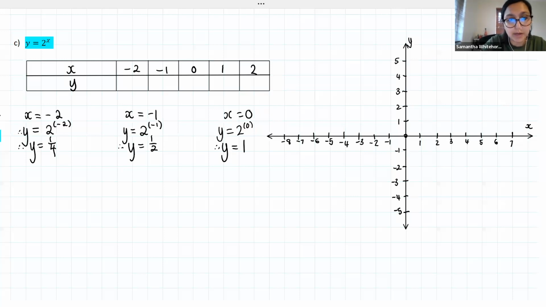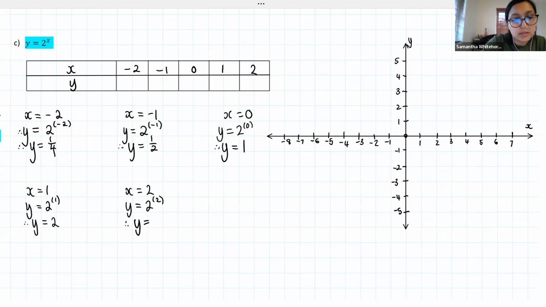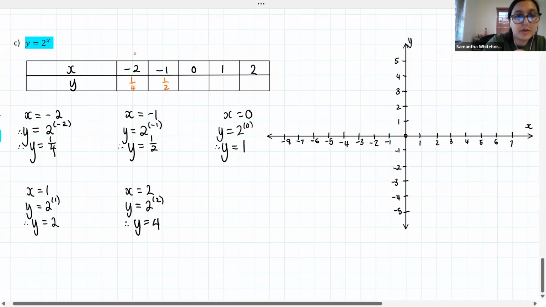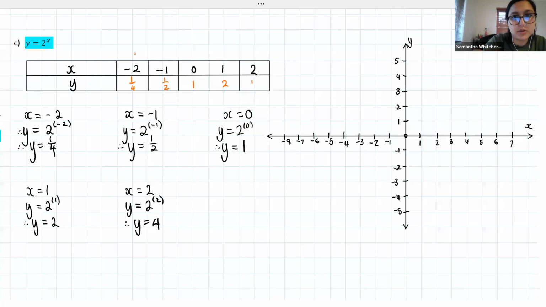So y is equal to 1. Nice and easy. For x equal to 1 and x equal to 2, substitute y is equal to 2 to the power 1, which is just 2, and y is equal to 2 to the power 2, which we know is 4. So we've got all of our outputs that we can now fill into our table: 1/4, 1/2, 1, 2, and 4. If we write down our coordinates for ourselves: (-2; 1/4), and so on.